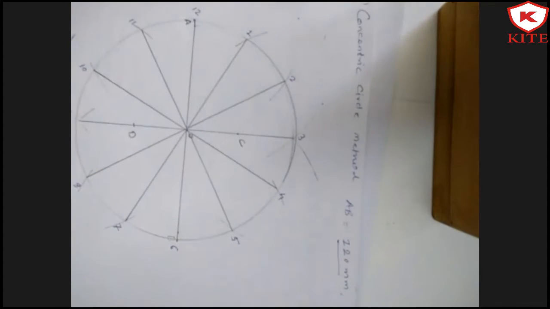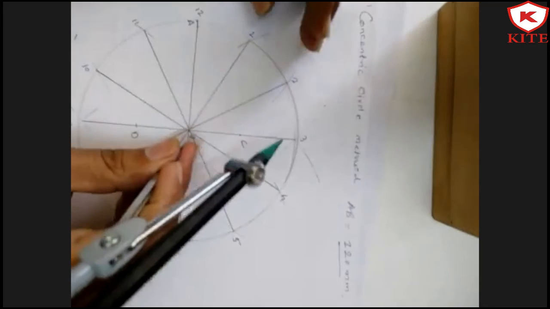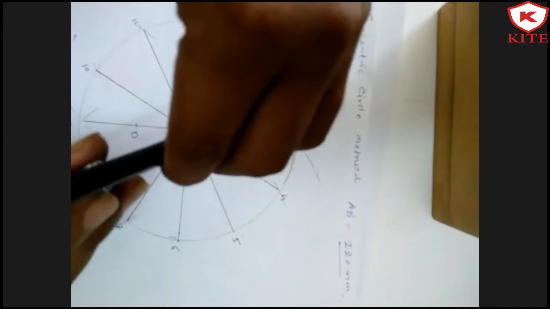Now draw the circle from the center O with radius equal to OC.